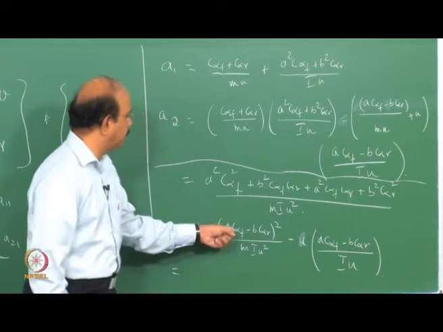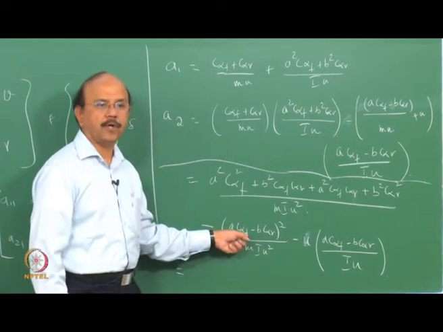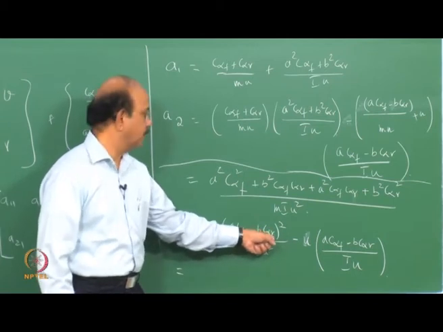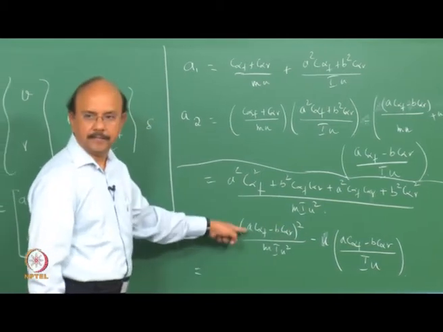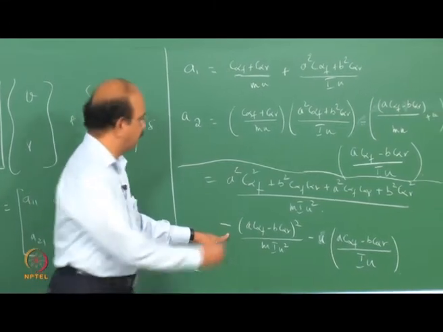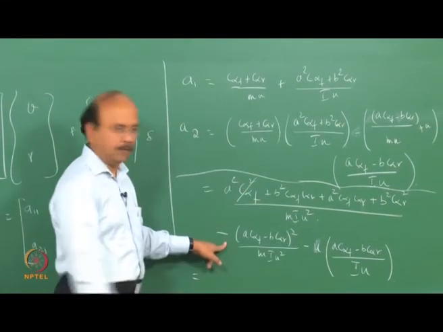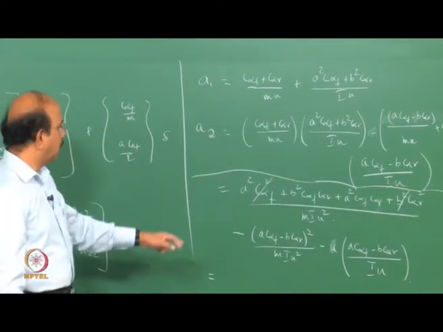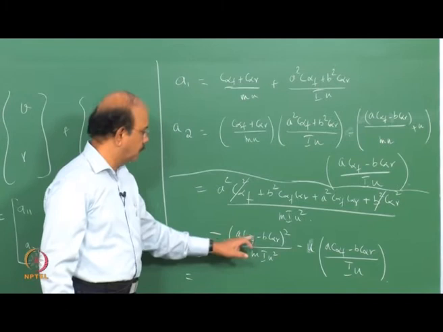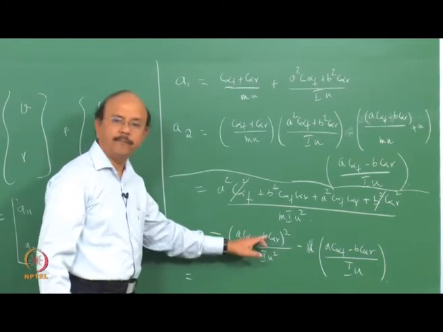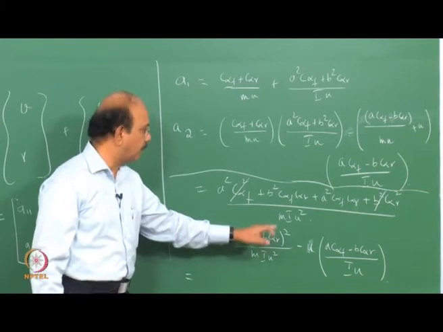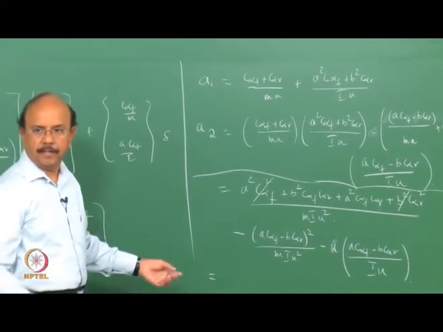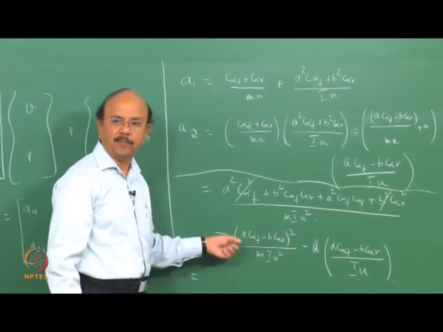So this will be A squared C alpha F squared plus B squared C alpha R squared, minus, that is both of them are minus outside. So what will happen? This guy will go off and that guy will go off, and you will get minus 2AB C alpha F C alpha R, right? Clear?